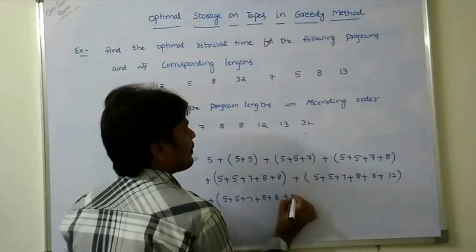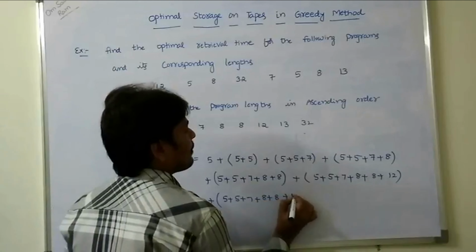So this is for the time required for accessing the first program, the second, third, fourth, fifth, sixth, seventh and eighth programs. So the sum of all these is 230.